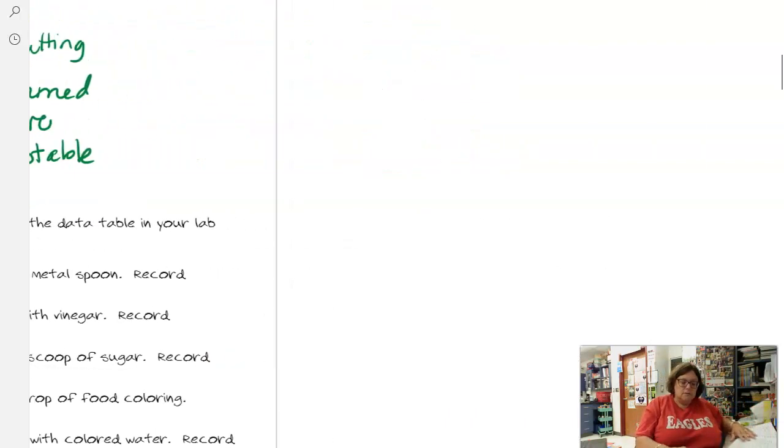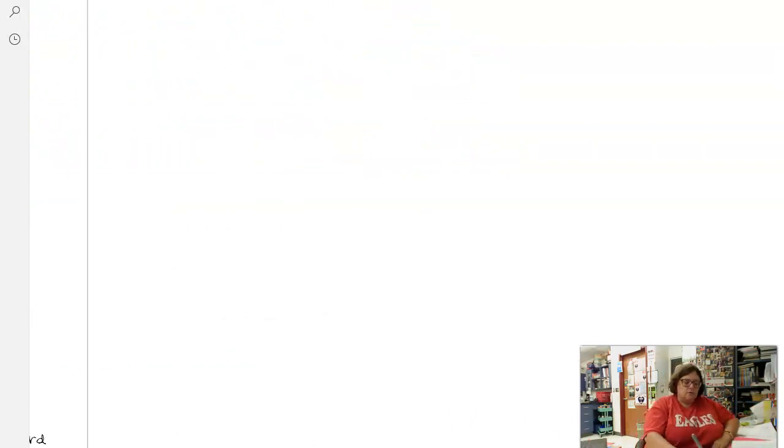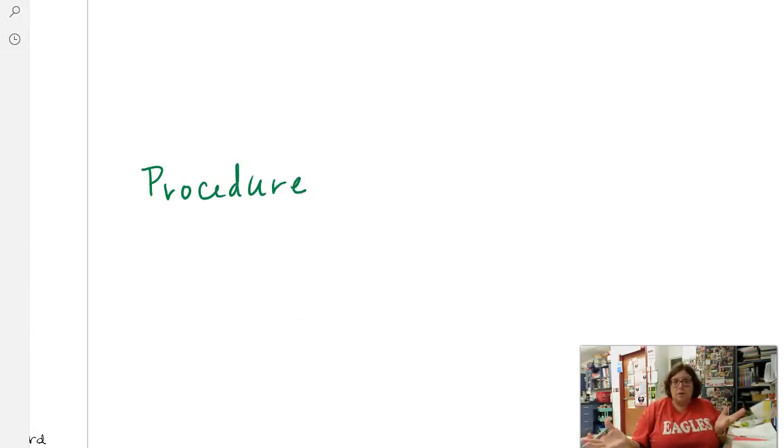By the way, you have plenty of space in your lab notebooks. If you fill the lab notebook up, I will give you another one. So do not cram everything into one little tiny area. Write nice and big, take up space. Remember, these old eyes have to grade it.